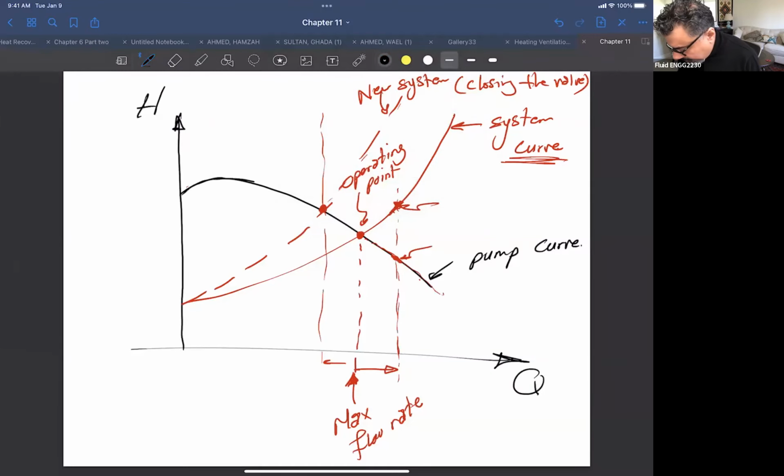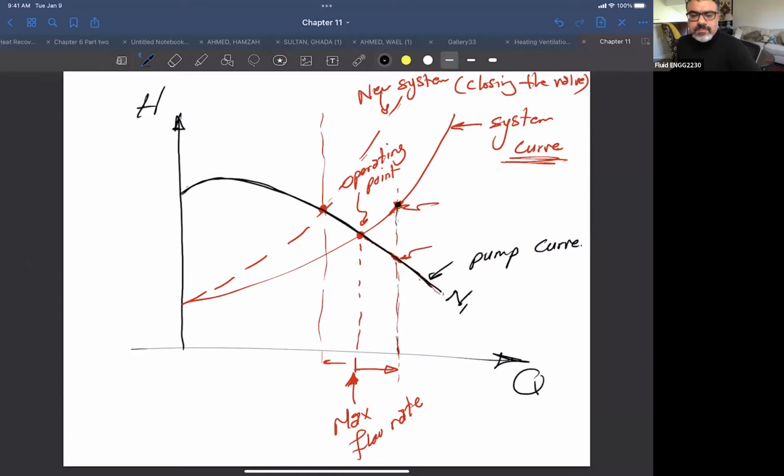This is a pump running at this RPM. If you want to operate here, what do you think you can do in order to operate at these flow rates? Now we can change something in the pump. What are you going to change in the pump?